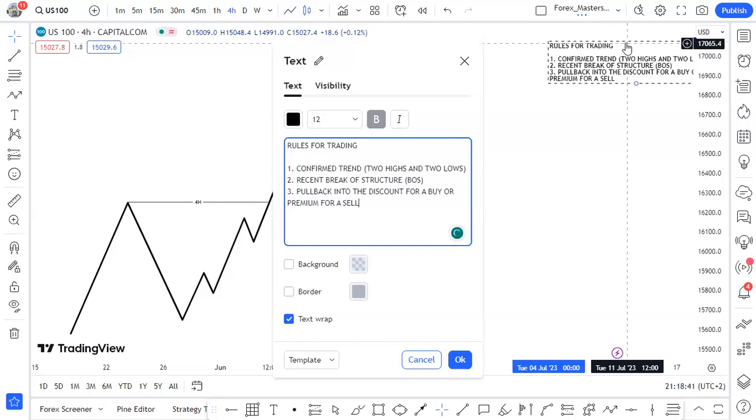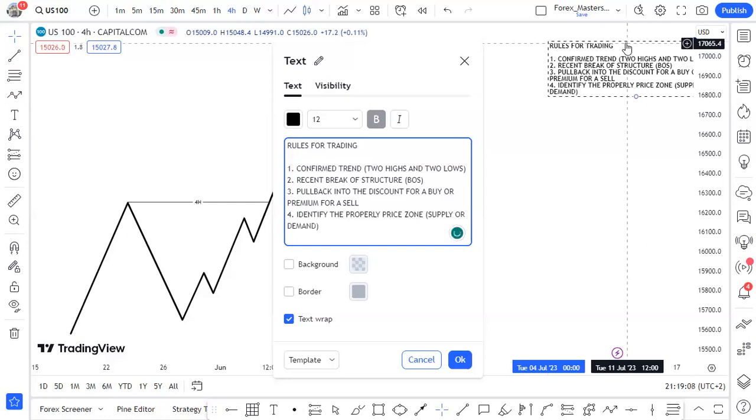Exactly. Number four, identify the properly priced zone, and this could be supply or demand.